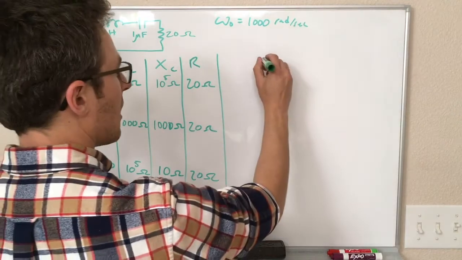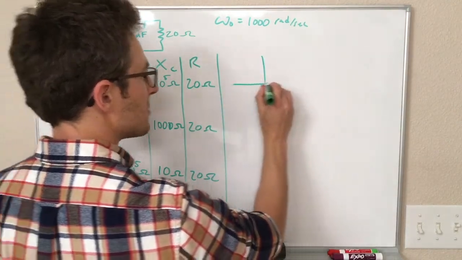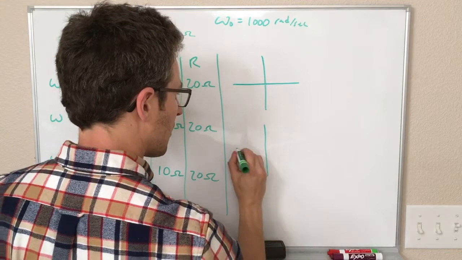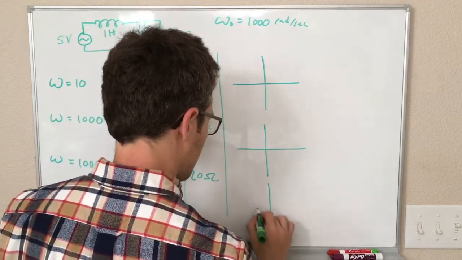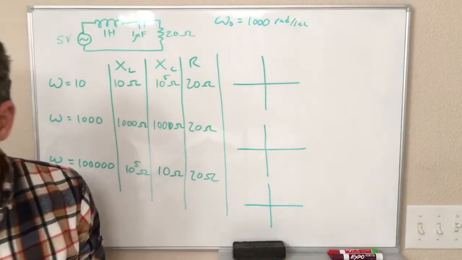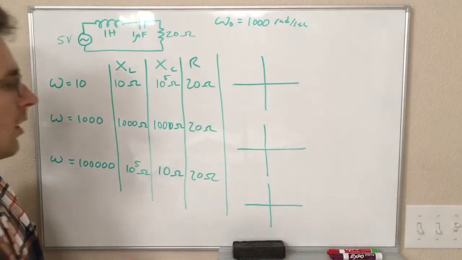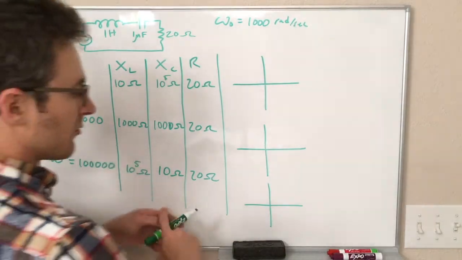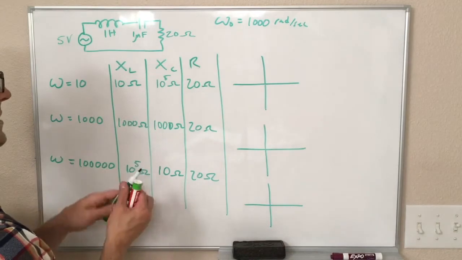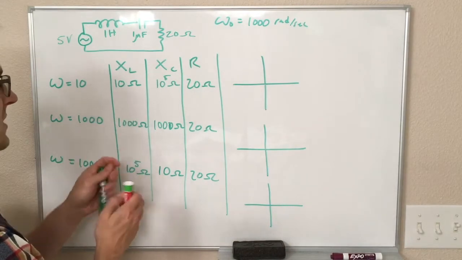I'm going to erase these, but just so we can kind of visualize this, I want to draw our impedance on the complex plane for each of these three. So, for example, here I have an inductive reactance of 10 ohms.